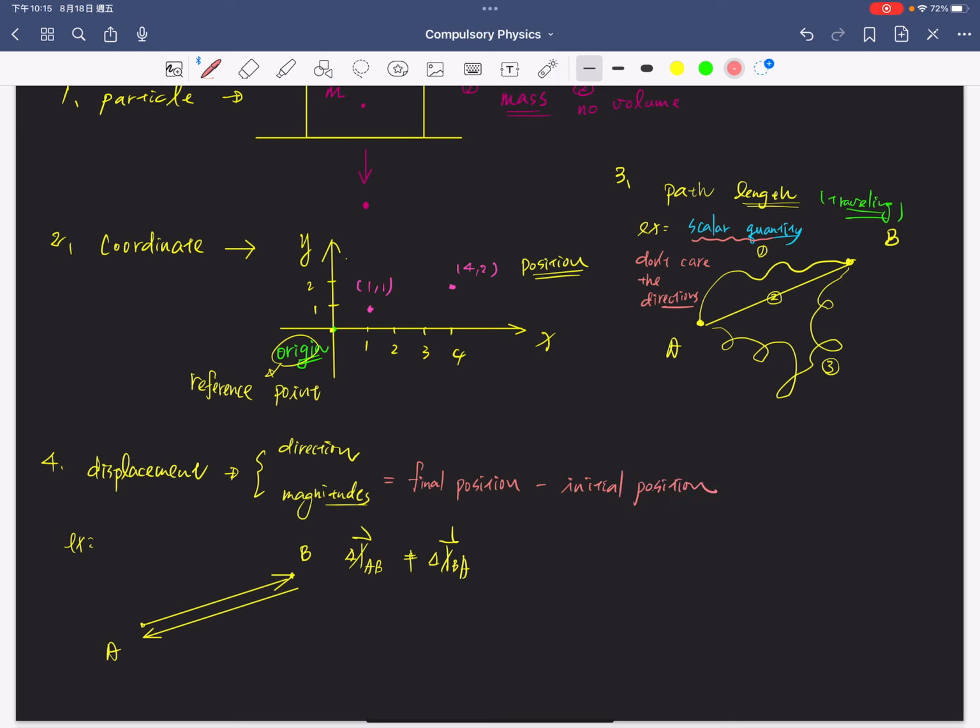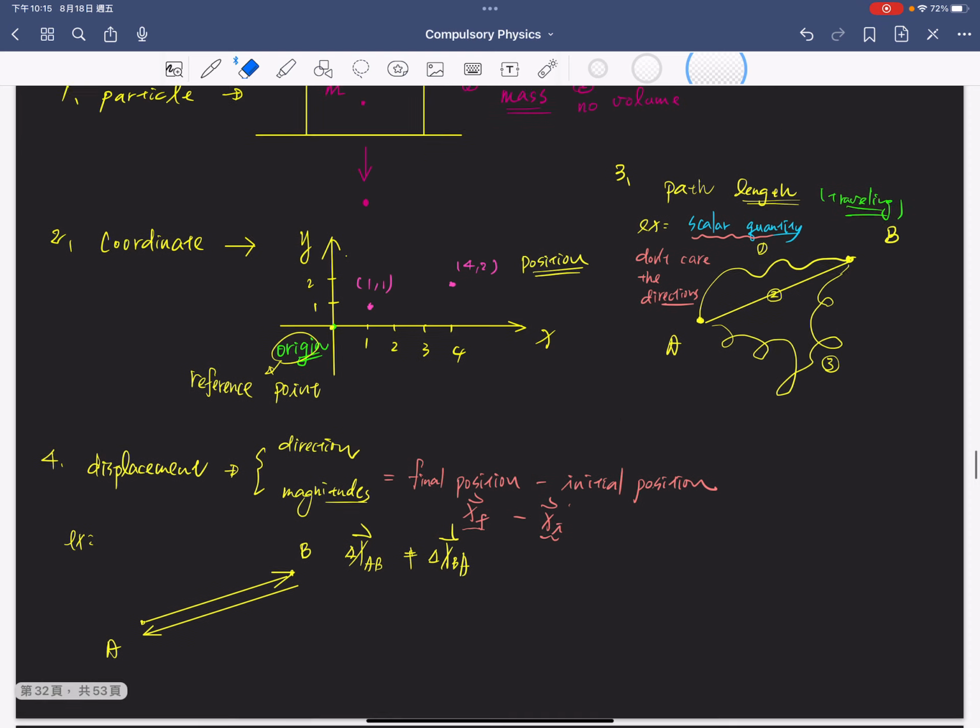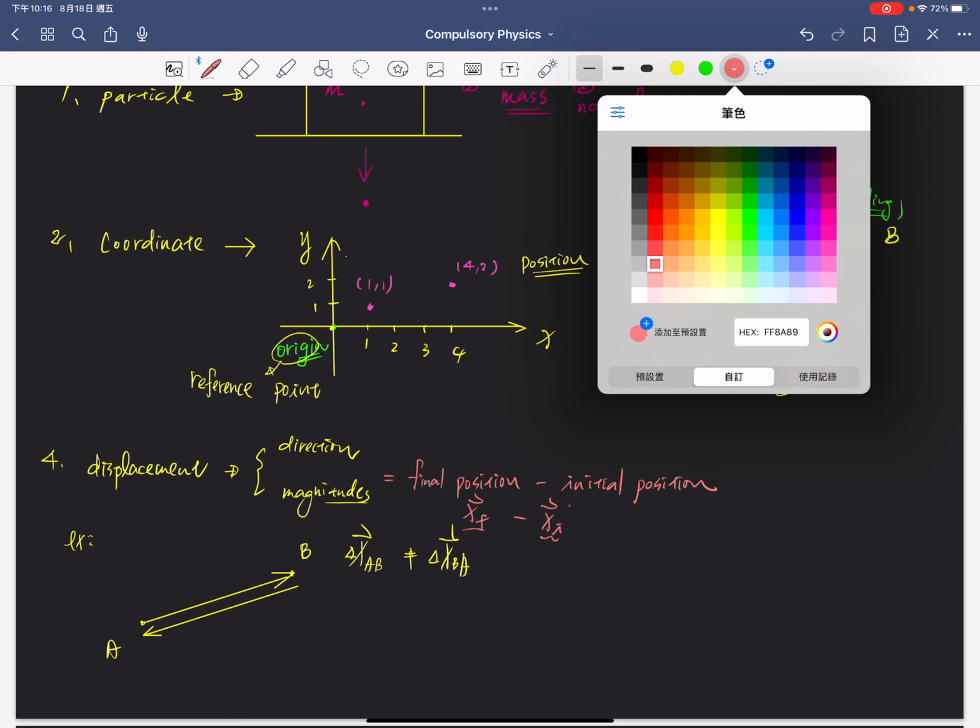So this is like this one minus, or subtract, these ones. The displacement focuses on the direction and also the magnitude. However, if your path is really complicated like this one.